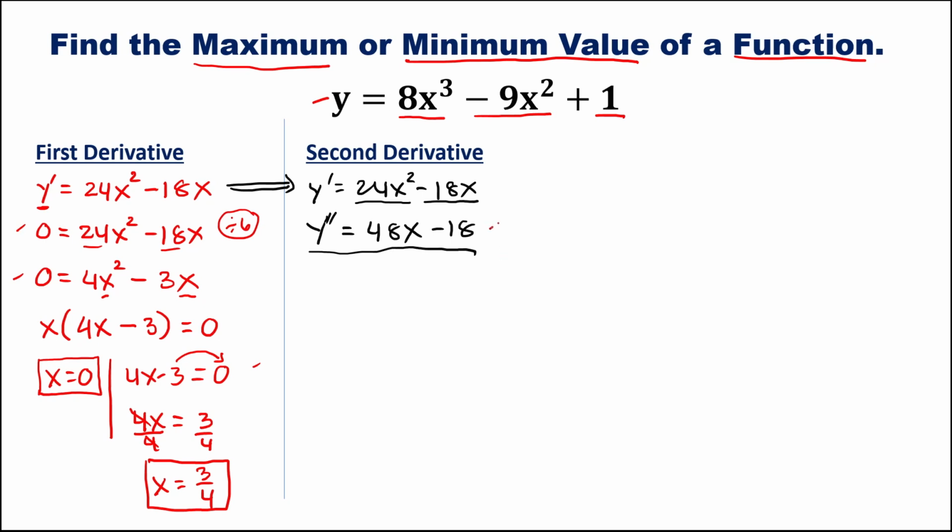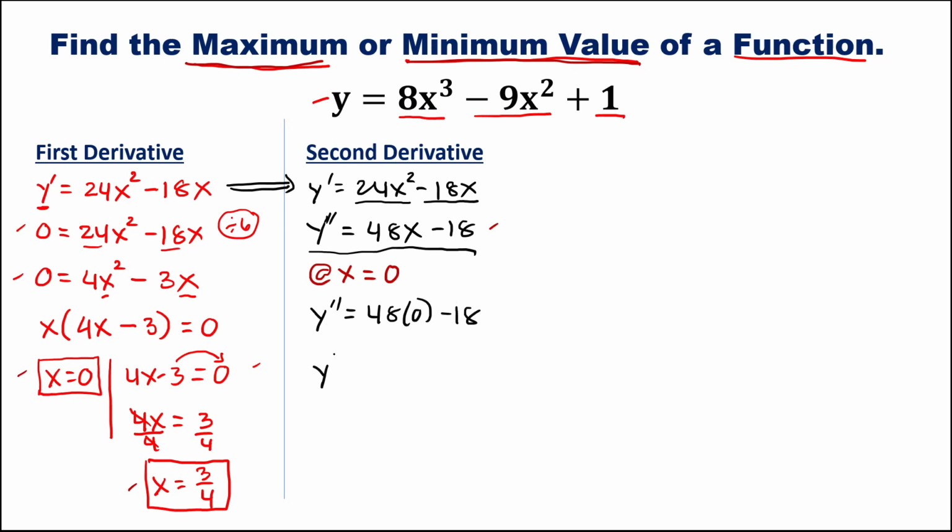Then using the second derivative, we can find now the maximum and the minimum by substituting these two values for x. So let's start with x equals 0. From the second derivative, this becomes 48 times 0 minus 18.